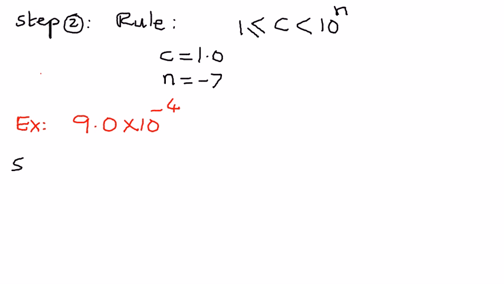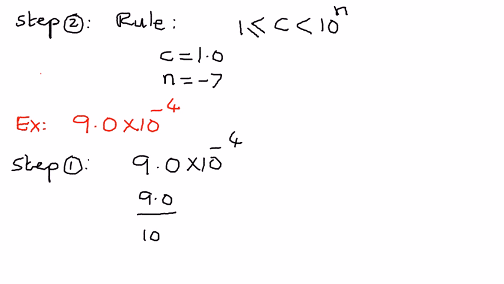We can break this down into different steps. We're going to write the given number, 9.0 times 10 to the power of negative 4, or we can express this as 9.0 divided by 10 to the power of positive 4, isn't it? Whenever we have a negative exponent in the numerator, when we bring it down into the denominator, we can express it as a positive exponent.